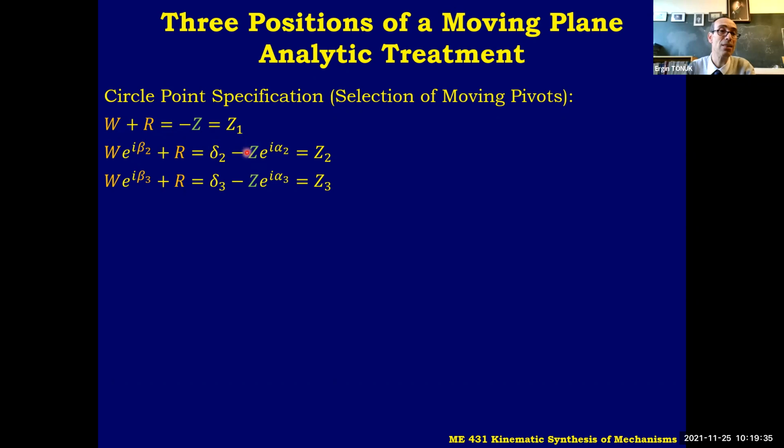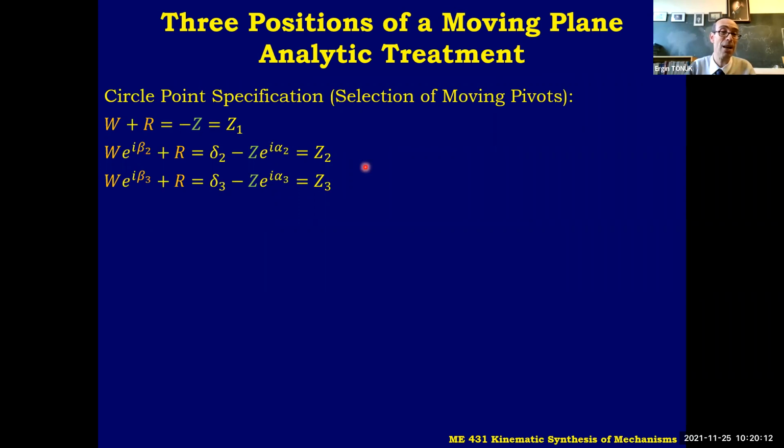And then you can write the equation in position number 2, and z is going to rotate by an amount alpha 2, which is the rotation of the plane. You can call it a new complex number because once you select z, z times e to the I alpha 2 is something known. You could call it z2, and similarly for position 3, you could call it z3. So you will obtain another set of dyad equations.